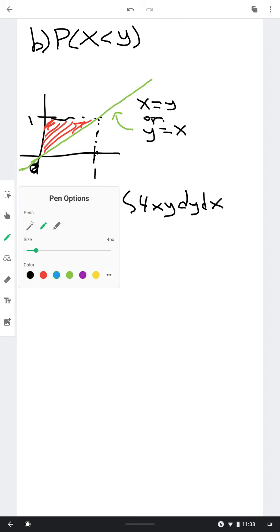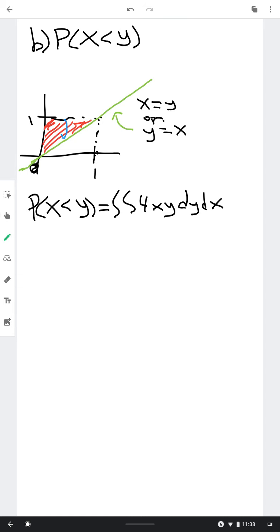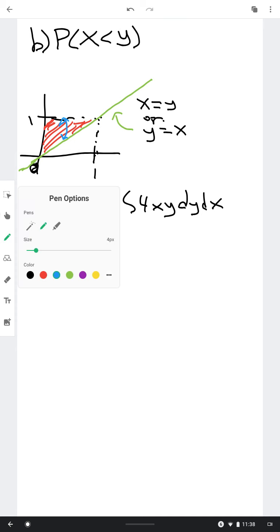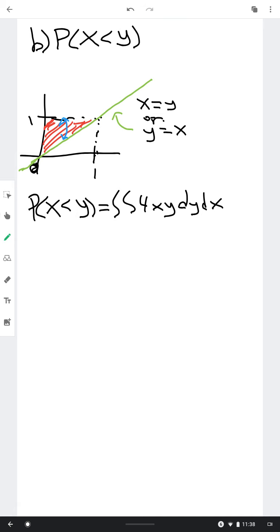Y can go from the line y equal x to our other line, which is y equal 1. So our limits of integration, just remember from calculus 3, it's going to be y equal x to y equal 1.